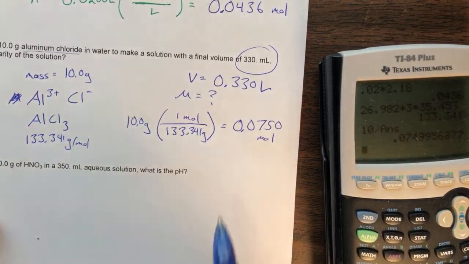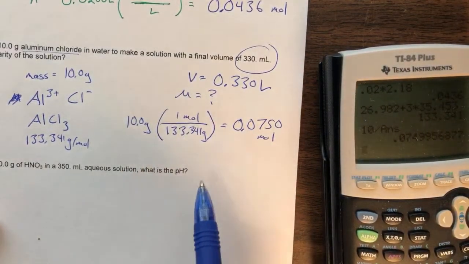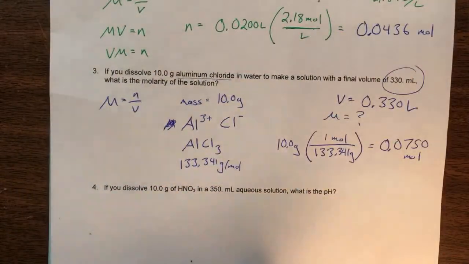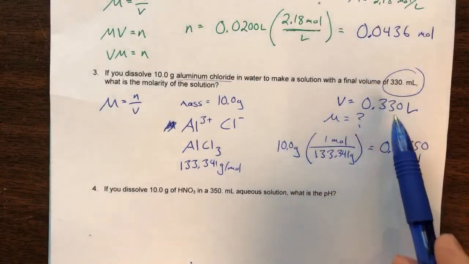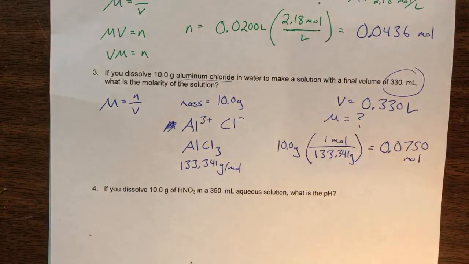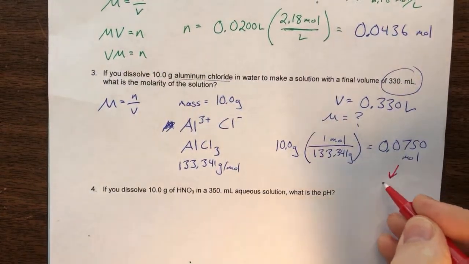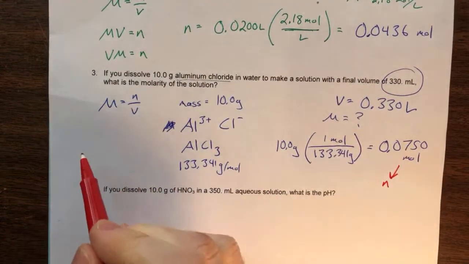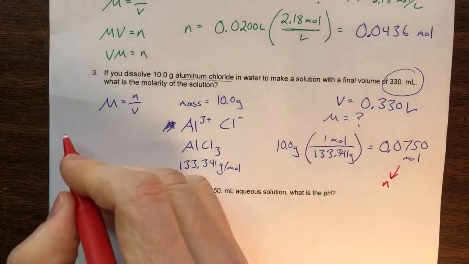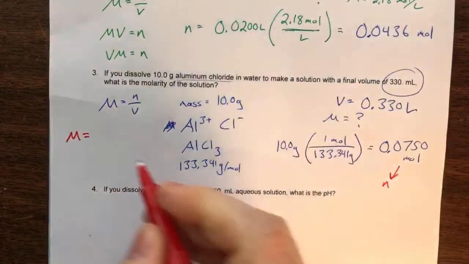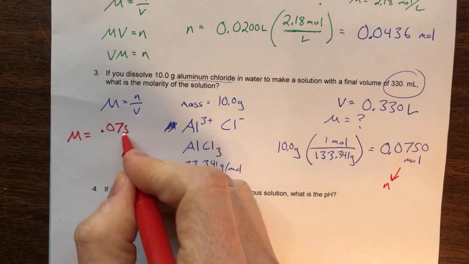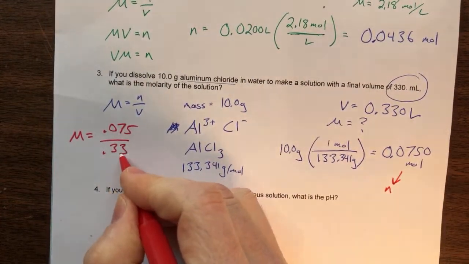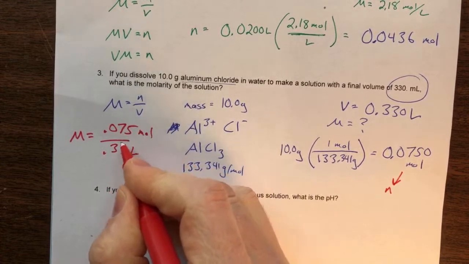All right, so now that we have the moles, we can plug that back into our molarity equation because we have the volume and we have the moles. This right here is our n value. So plugging everything into this equation, M equals n over V, that's going to be M equals our moles of 0.075 over a volume of 0.33 liters.